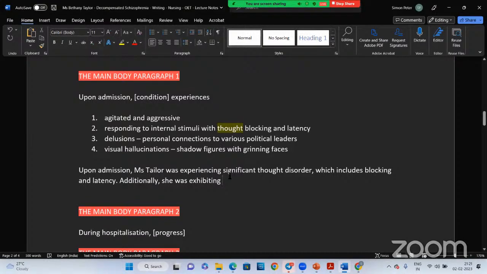Delusions and hallucinations, visual as well as auditory.